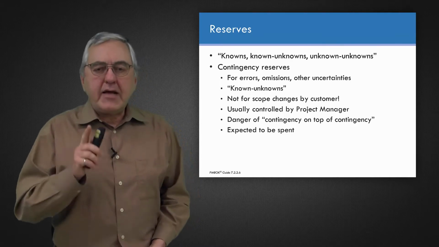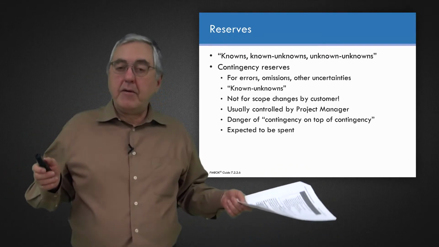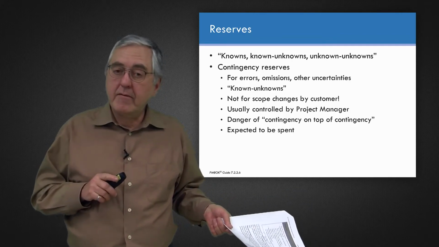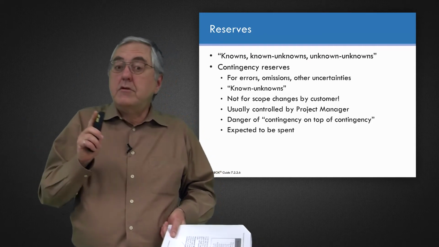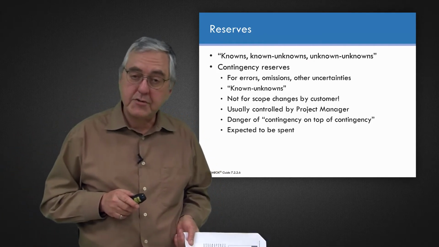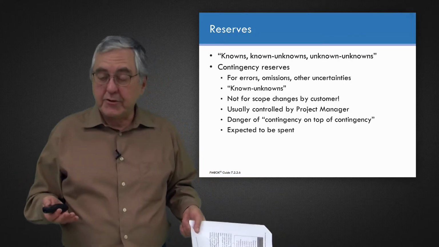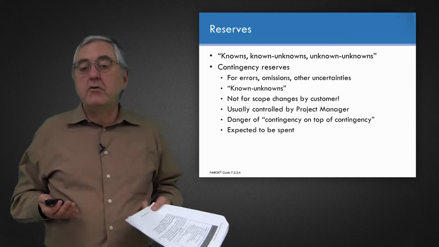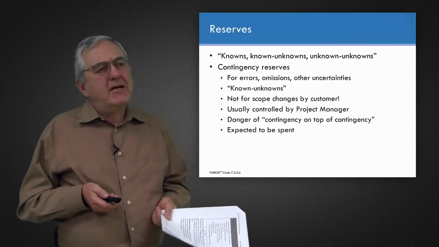Because if you have a tight estimate of all of your work packages and you add them up, it's not going to be enough. Some of those work packages are going to cost twice as much. None of them is going to cost 100% less, and there are going to be some surprises. So for the whole project estimate, you have to add in some contingency reserve to make the whole estimate realistically achievable.